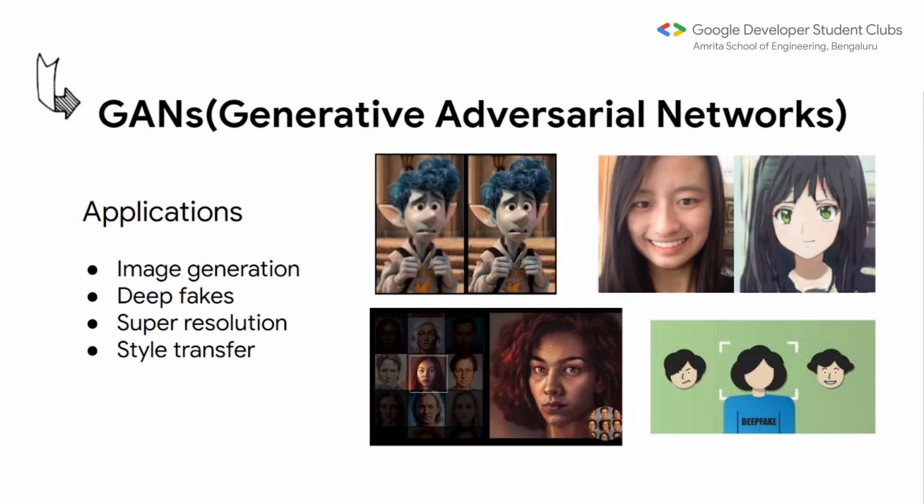One is image generation. The main application of GANs is not only image generation, the data generation, but mostly image generation, because of the neural networks it consists of. We can create fake images as we have seen in the previous slides, whereas deepfakes come under image generation itself.